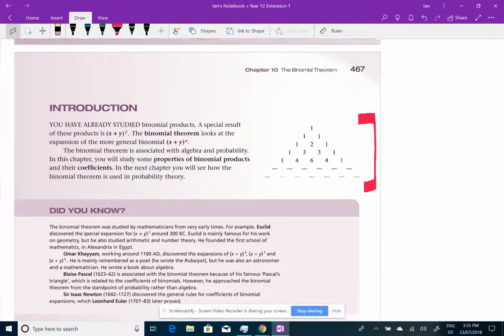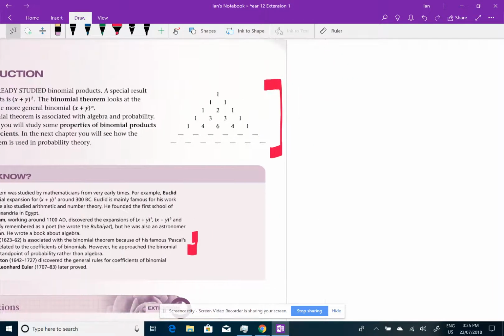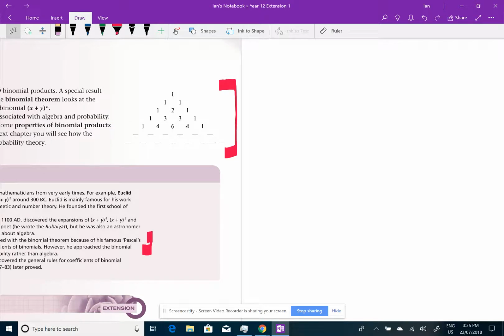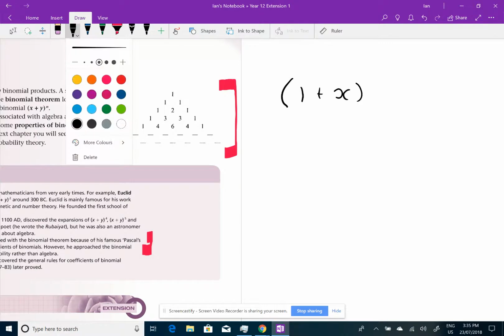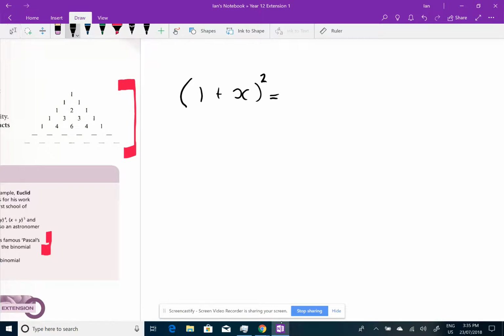So Blaise Pascal was the person who was attributed with inventing Pascal's triangle, and it relates very nicely with the expansion of binomial products. So for example, if I had (1 plus x) squared, I know that that expands to 1 plus 2 times 1 times x, so 2x, plus 1x squared.